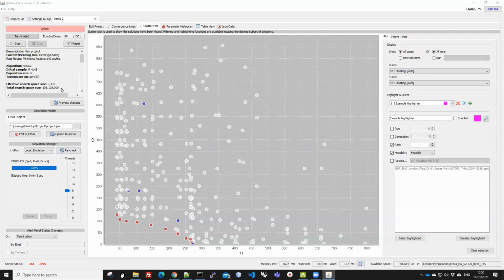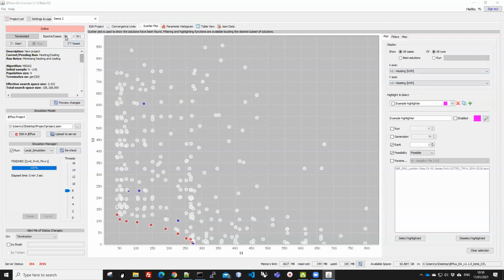But it'll be enough to give you a set of very good solutions that you would not be able to achieve by hand at all, using a tiny fraction of the search space.